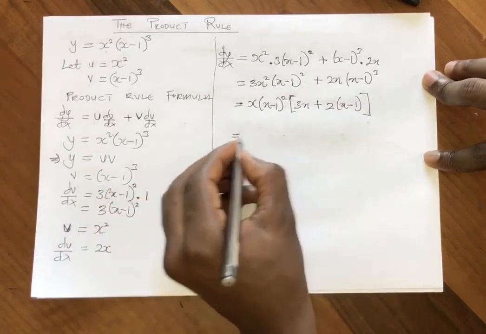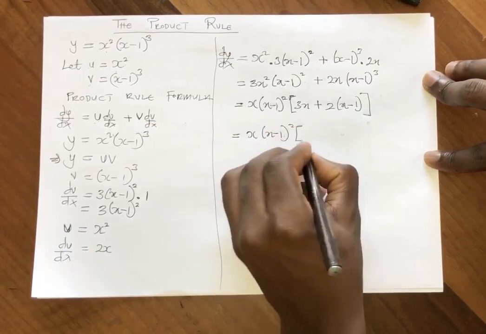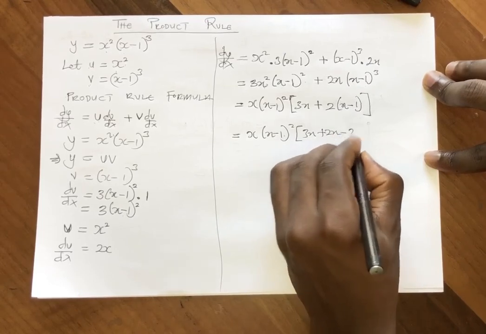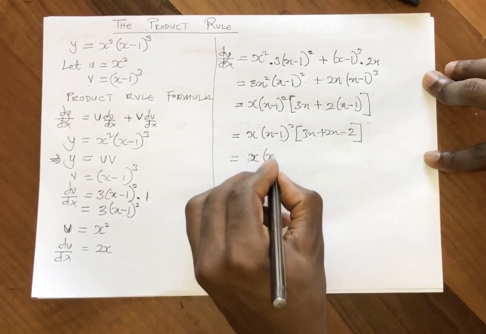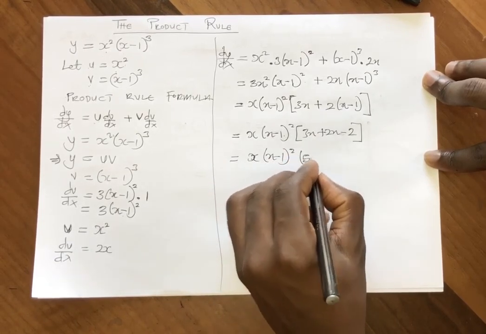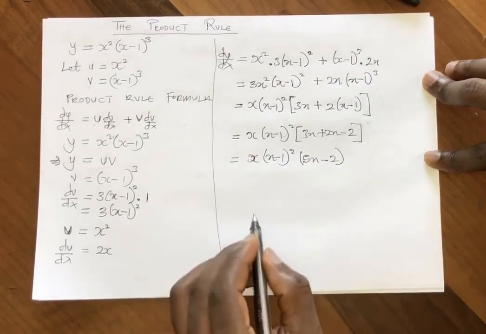You clean up further: this 3x plus 2x minus 2 would give you x(x minus 1) all squared times (5x minus 2). So you can end here.